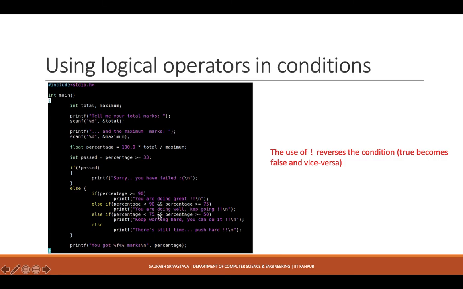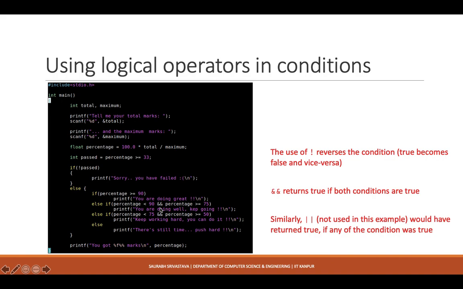Percentage is less than 75 and percentage is greater than equal to 50. So basically and returns true if both conditions are true. If either one of these is false, this whole condition will become false, and this whole condition will become true only when all the conditions here are true, okay.